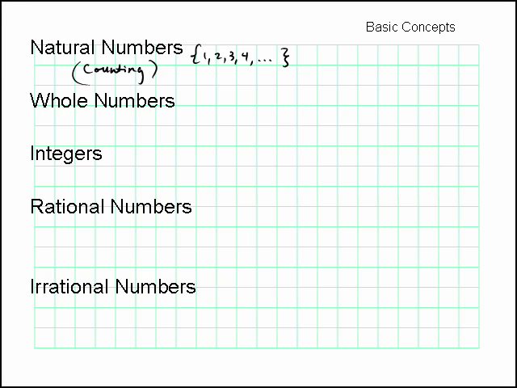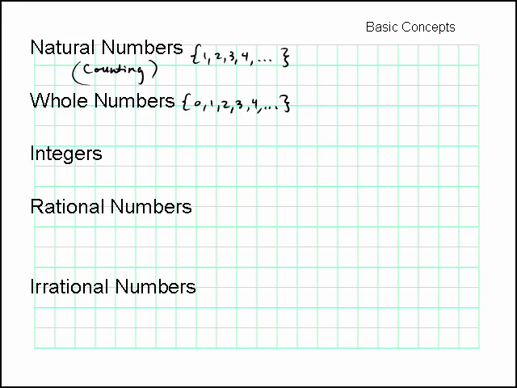If you include 0 in this, start at 0 and then go 1, 2, 3, and so on, then what you have are called the whole numbers. So there's not much difference between natural numbers and whole numbers. As a matter of fact, the number 5 is both a natural number and a whole number.